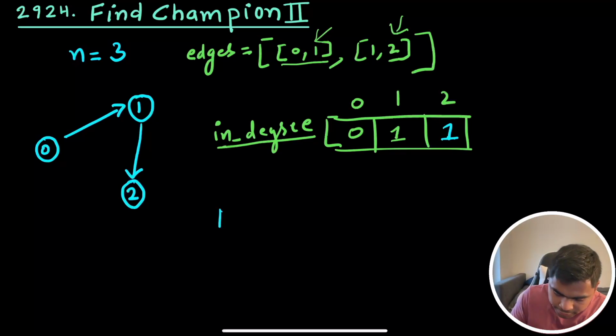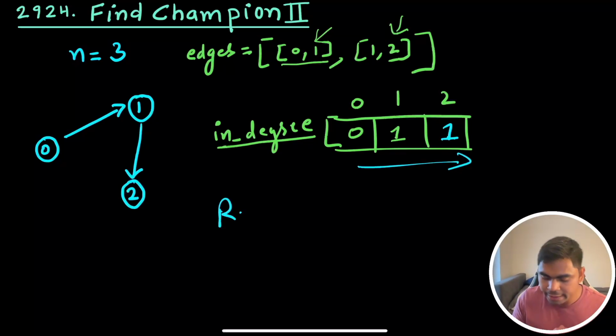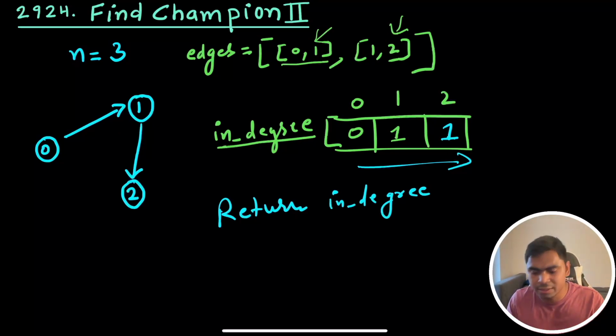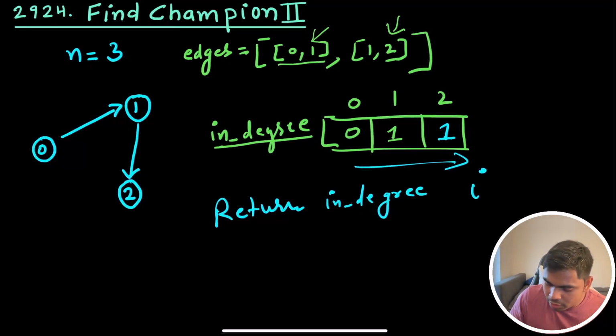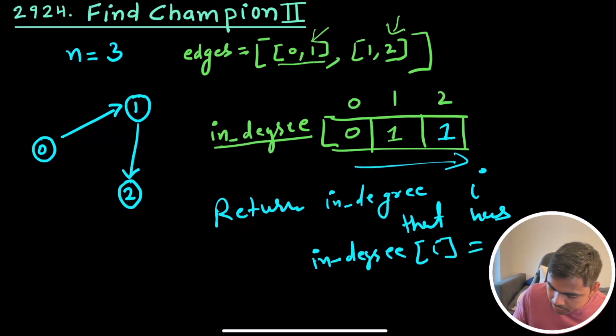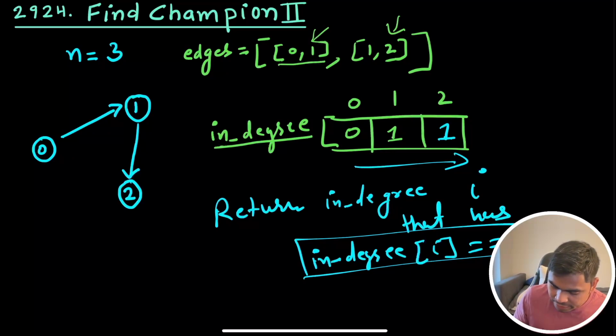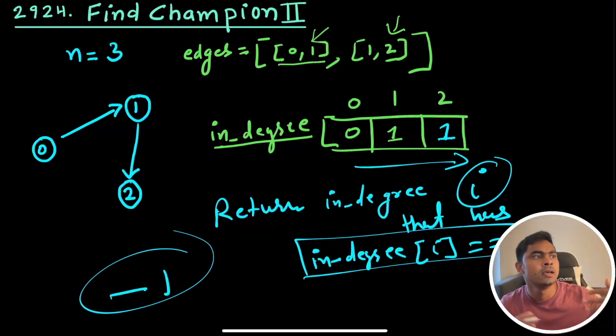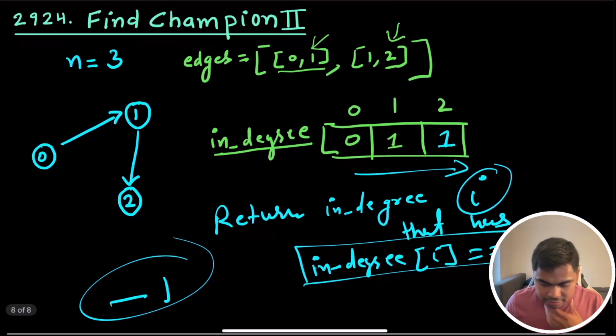So I will go over this in degree array that I just created, and I will return this index I that has in degree equal to 0. If there are multiple of these, then I will return -1, as I said in the previous example. So I think that is pretty clear.